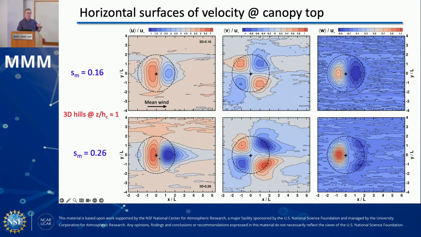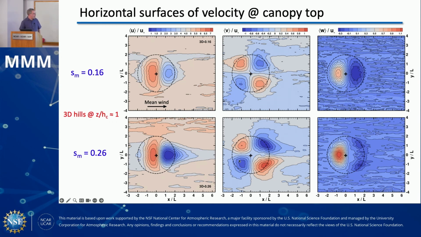So because the canopy interfaces with the flow through pressure, and the flow separates in the way that it does, it actually shifts the pressure field in ways that makes the highest wind speeds be on the front side of the hill, not on the actual hill crest itself.